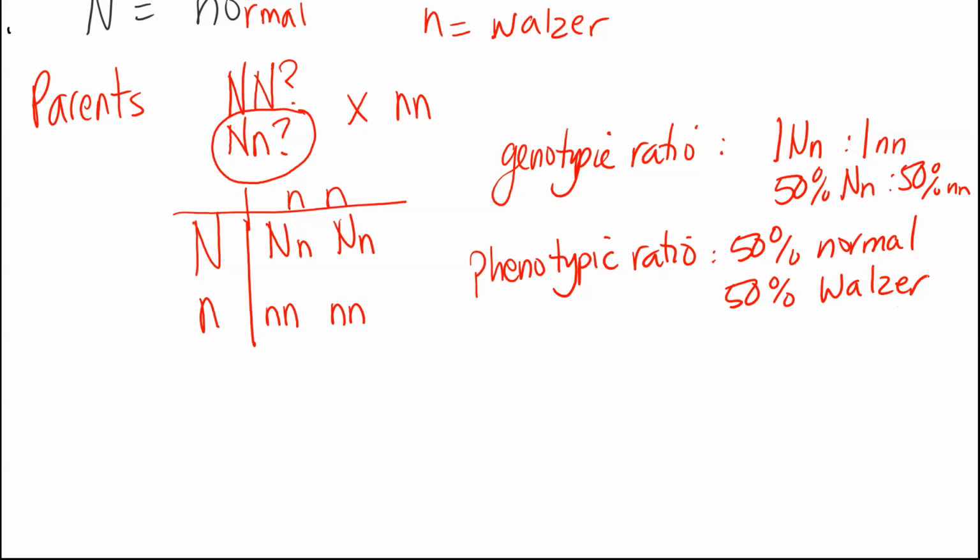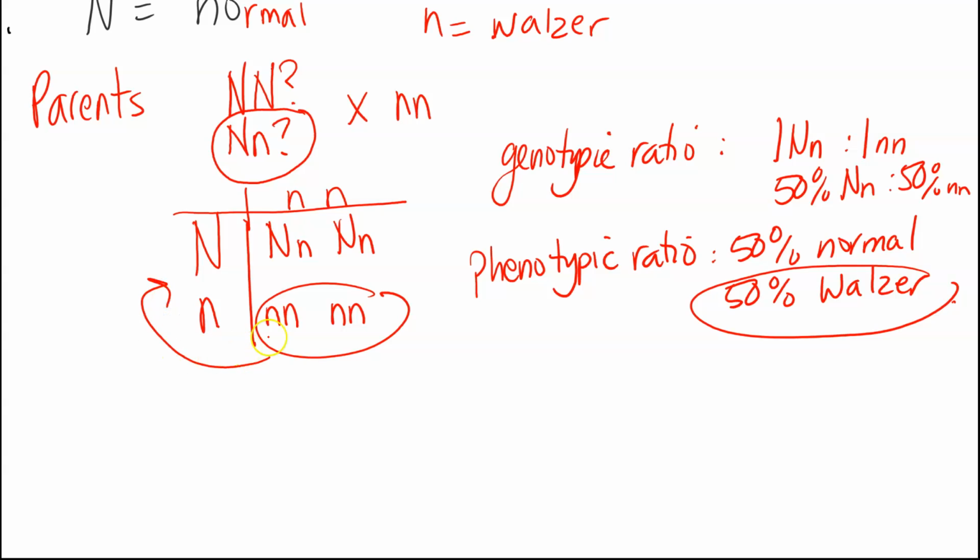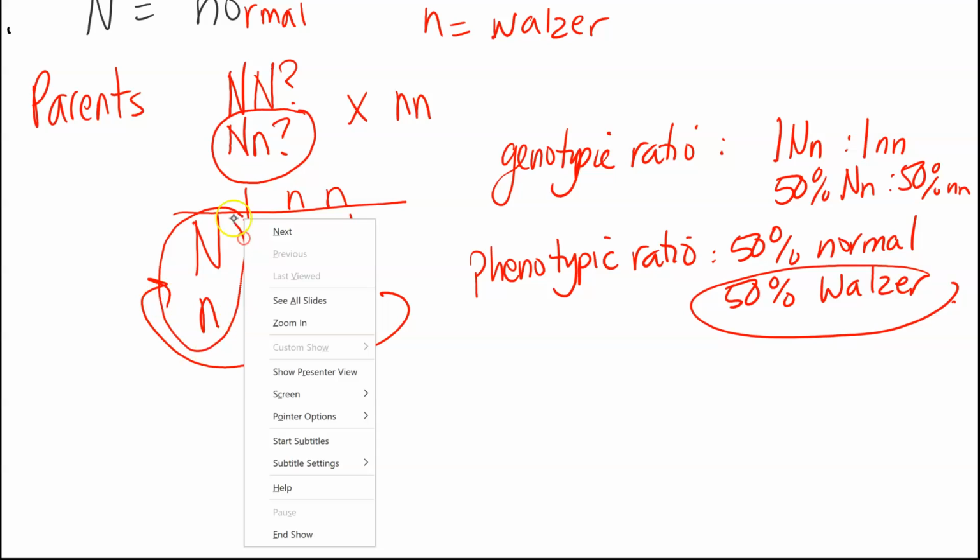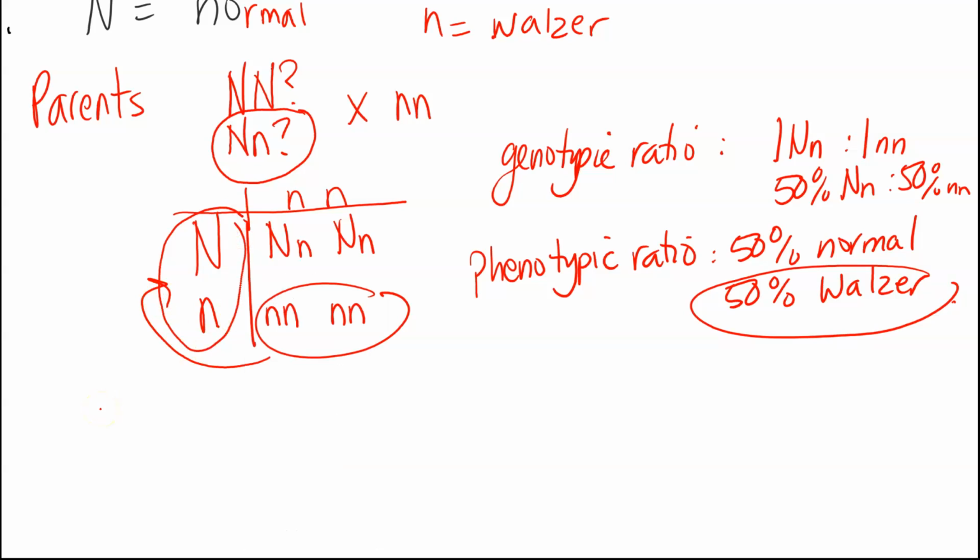And the question was, what are the genotypes of the parents if half of the offspring are Waltzer? So we're talking about half of them being Waltzer, right? These ones right here. So this definitely would involve that normal parent having a heterozygous genotype, okay?